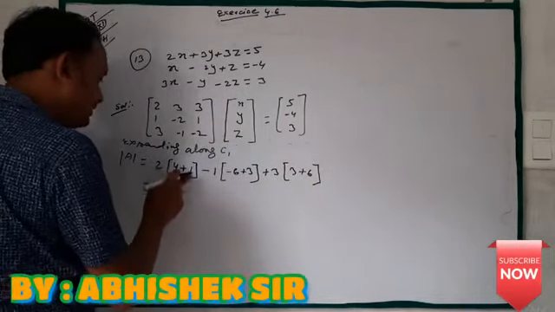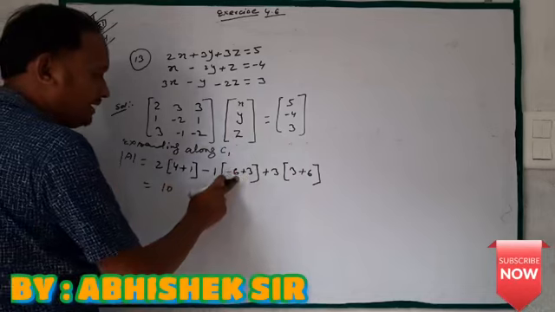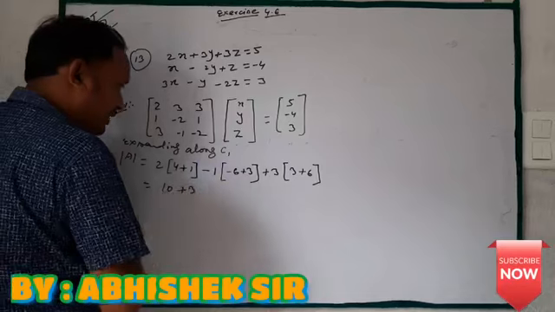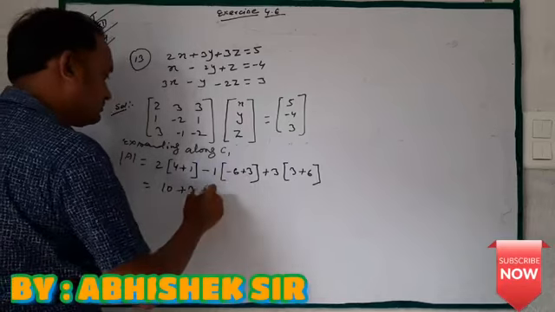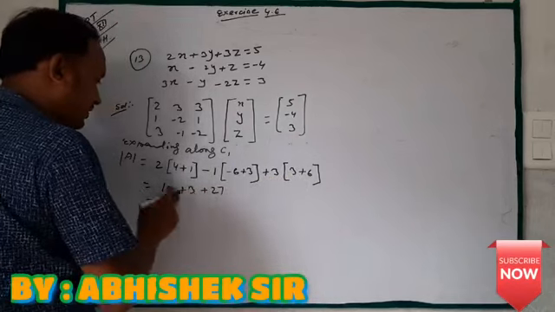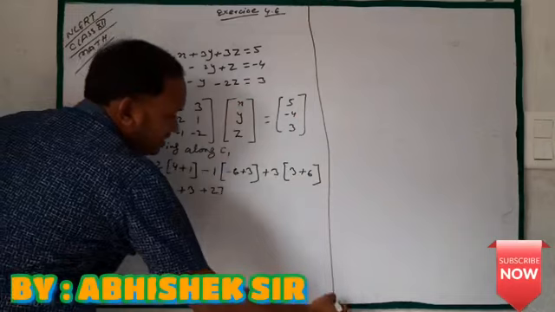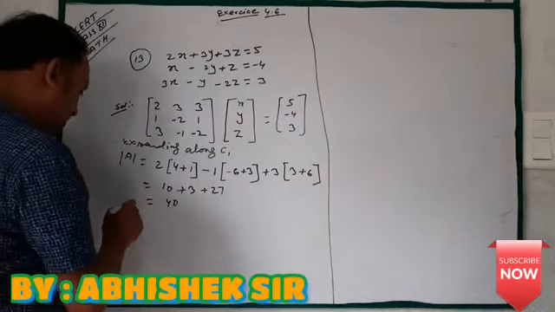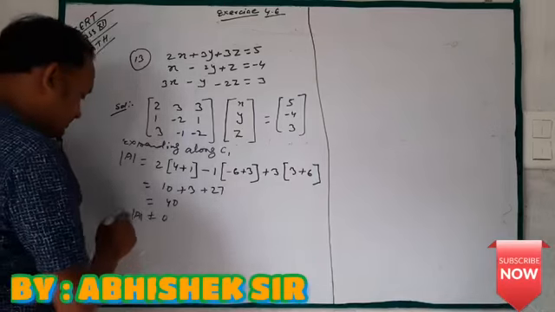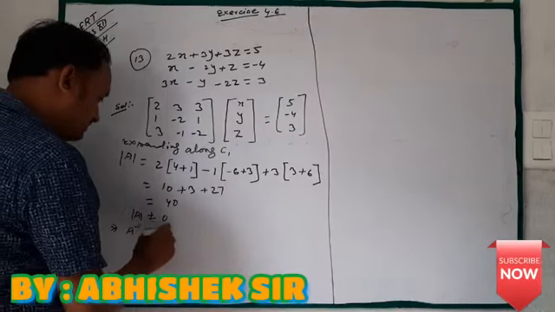This gives 4 plus 1, 5, 5 times 2 is 10, minus 3, minus 1 multiplied by minus 1, plus 3, 9, 3 times 9 is 27, 30 plus 10, 40. Determinant of A is 40. Since determinant of A is not equal to 0, it means A inverse exists.